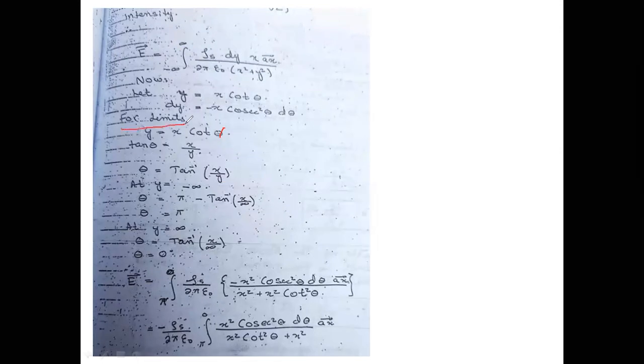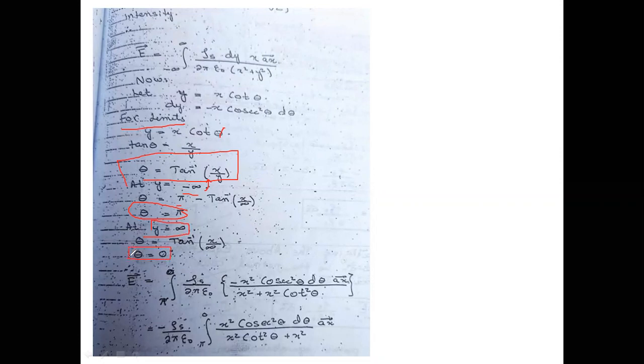Now the limits, before replacing the value of y and dy, we have to find the limits. In the same method, theta is equal to tangent inverse x by y. We find the lower limit first. Replacing y with minus infinity, theta is pi minus tangent inverse, so we will get theta is equal to pi for the lower limit, and for the upper limit we will get theta is equal to 0.